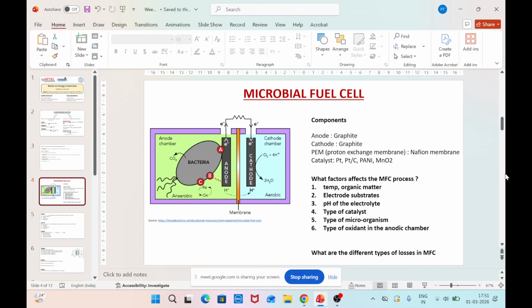In fuel cells you have multiple different types. Among them, microbial fuel cell is one. So a fuel cell is a type of electrochemical cell. Any particular electrochemical device, like batteries, fuel cells or supercapacitors, you usually classify into two different types.